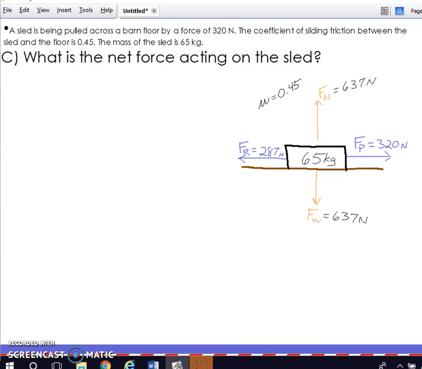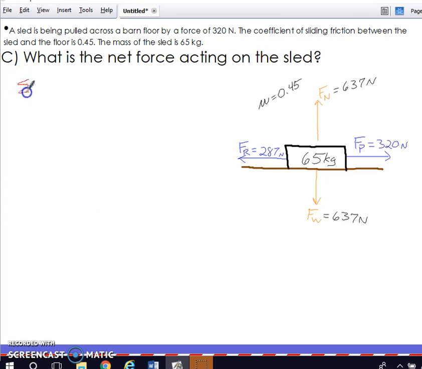Part C asks, what is the net force acting on the sled? Well, we have all of our forces labeled. There are no other forces acting on this box, this sled. And we know that vertically, I'm going to need red.